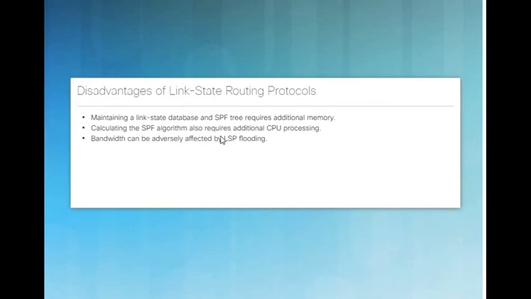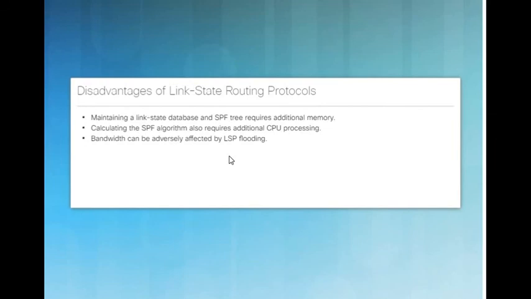Disadvantages of link state protocols. Number one, in terms of resources, memory requirements: it requires additional memory to create and maintain the link state database. It also has processing requirements, so it consumes a lot of CPU overhead. That's why it is not recommended for old routers. In terms of bandwidth requirement as well, it probably occurs during the initial startup of routers.